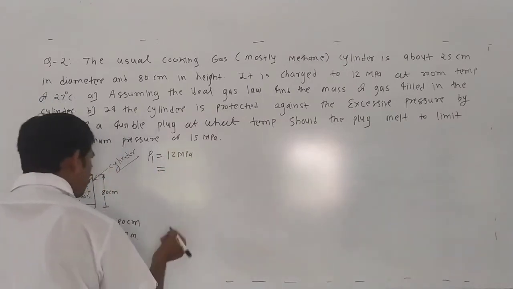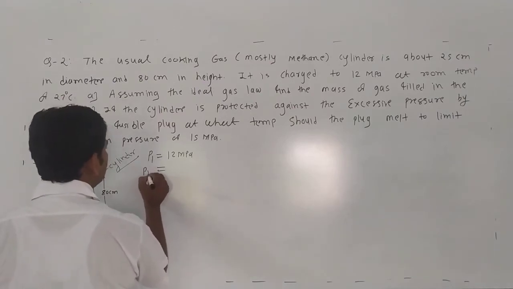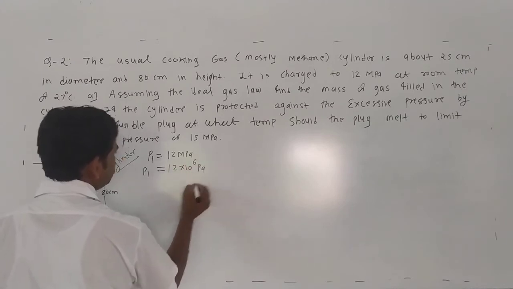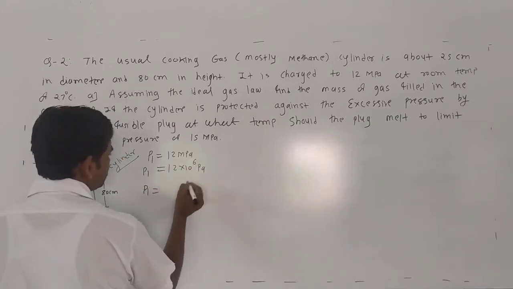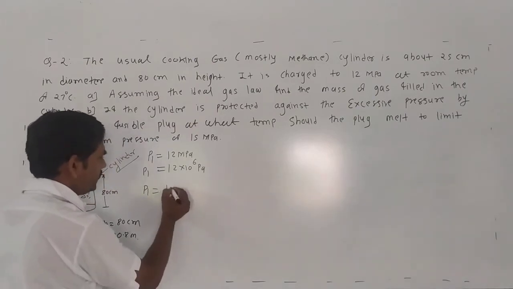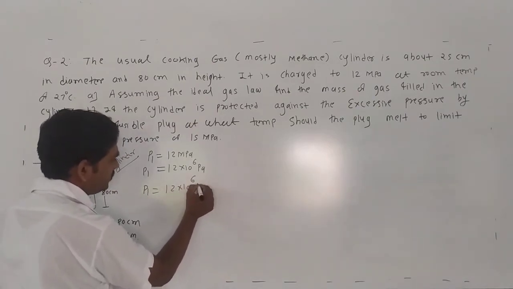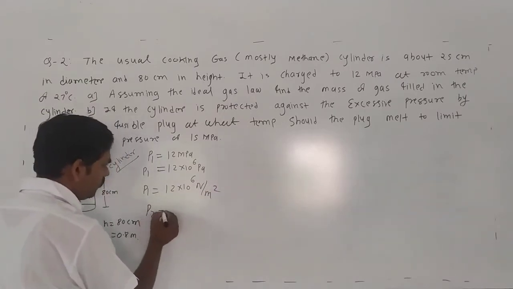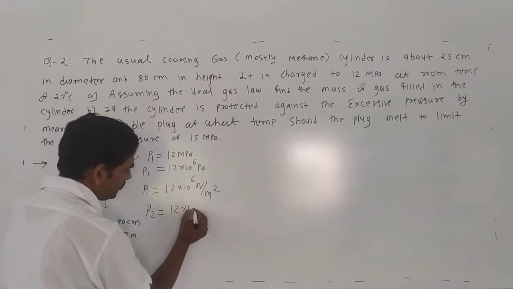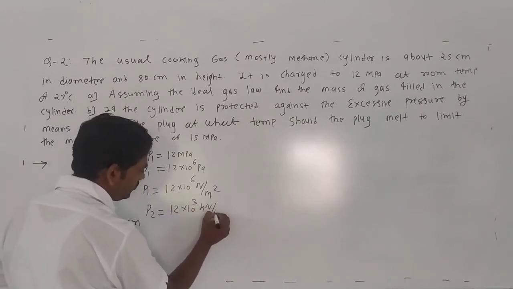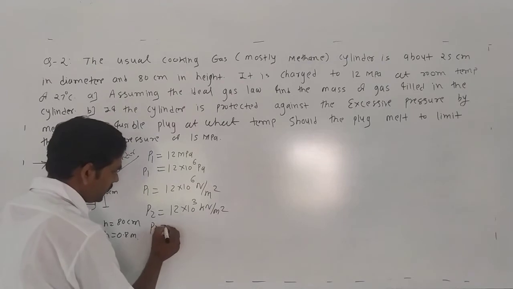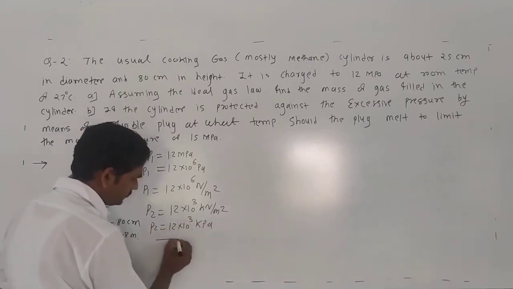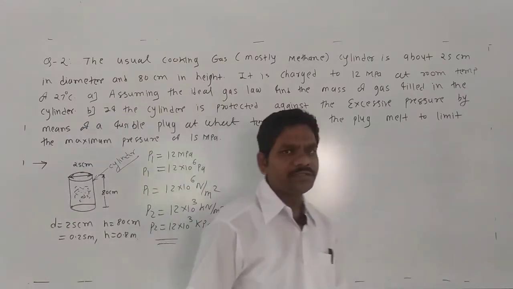So convert megapascal into kilopascal or pascal. 12 into 10 to the power 6 Pascal, and Pascal is nothing but Newton per meter squared. In this way we can also write in kilopascal: 12 into 10 to the power 3 kilopascals. Different types of pressure units, we know that.